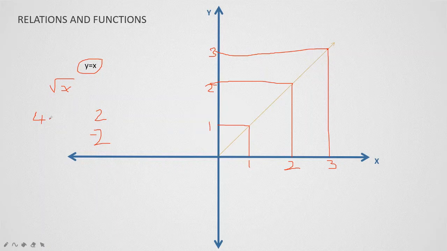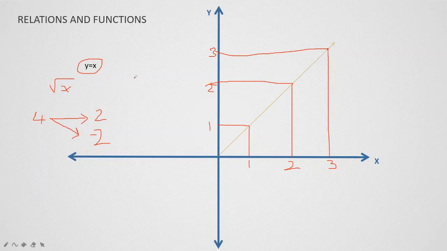So I see that in the root x relation, that means when I'm applying the relation of square root, I'm getting an output 2, and with the same input I'm getting another output minus 2. You get it?